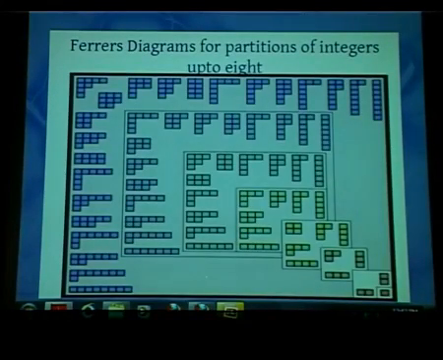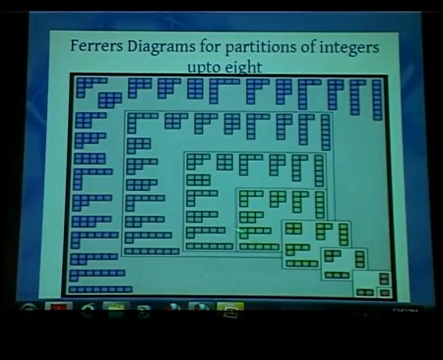Now up to integer 8, I am showing how this works. For integer 1, there is one way of splitting and one Ferrers board. For integer 2, this is 1 plus 1 and this is just 2. This is 1 plus 1 plus 1, this is 2 plus 1, this is just 3.